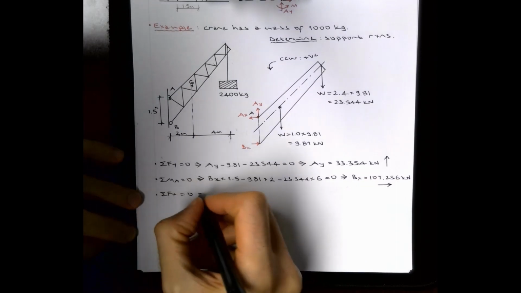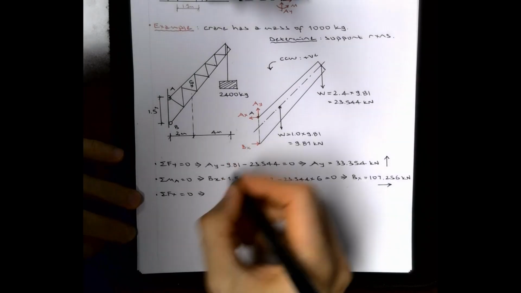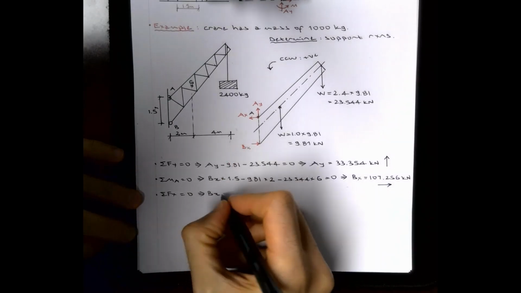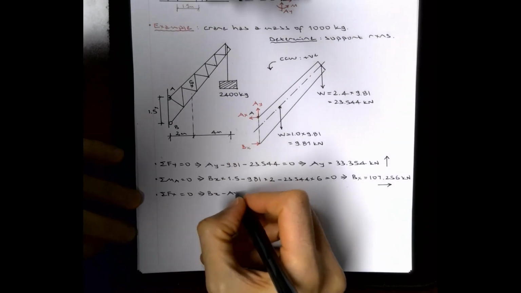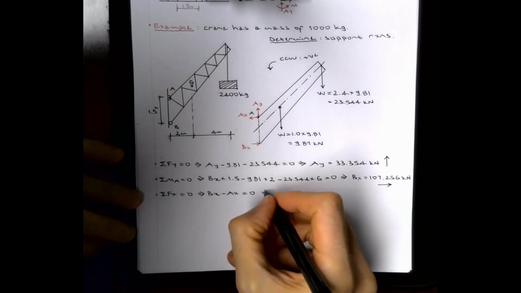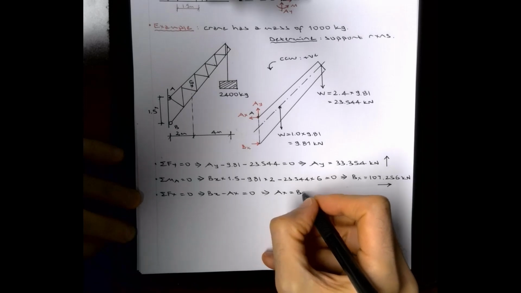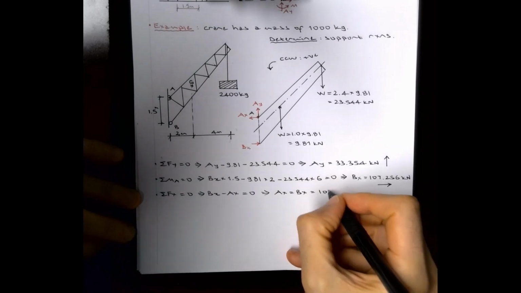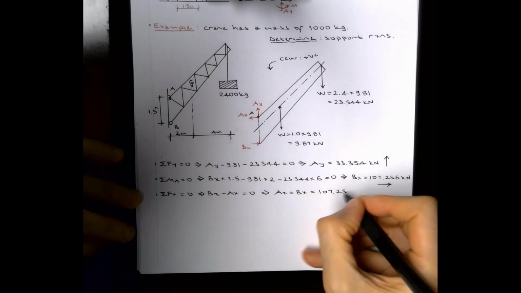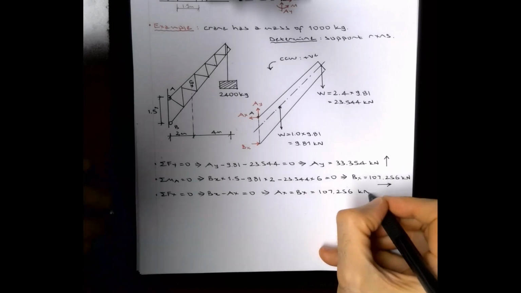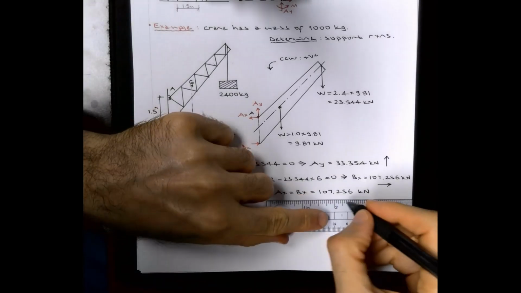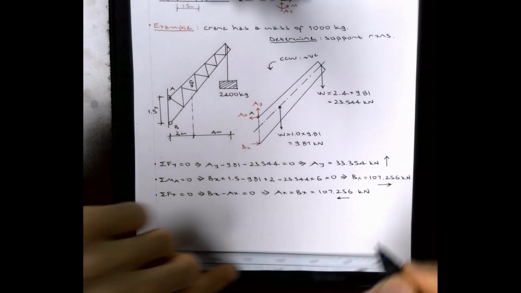And finally, do Fx equilibrium equal to 0. So here you're going to find BX minus AX equal to 0. So based on this, AX will come out to be the same as BX, which is 107.256 kilonewtons. However, of course, opposite direction, right?